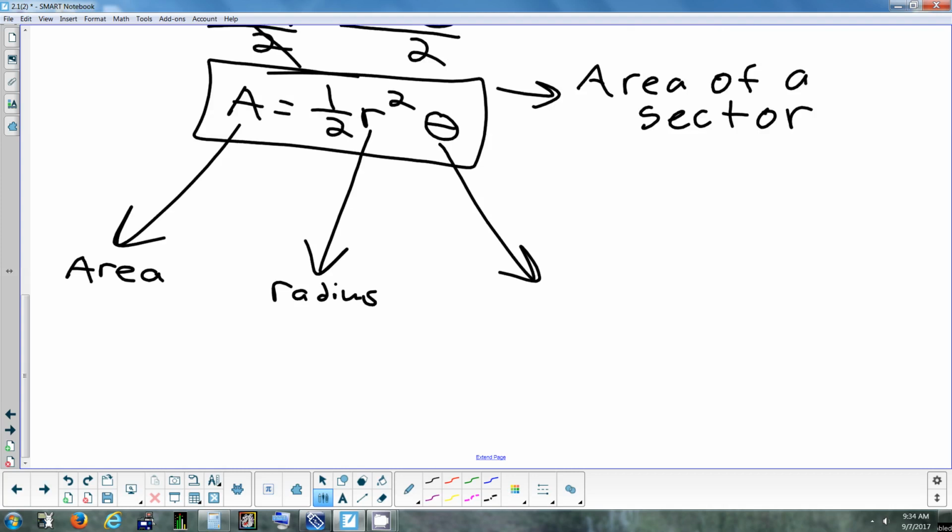And theta, that's your angle. And what about the angle? What do we have to be careful with? Yep, it has to be in radians again. Okay. So now, when you do a problem on the test, you have to look at, is it an area problem? Should I use 1/2 r squared theta? Or is it an arc length problem? That's the formula we just did before. Okay, so you got two formulas.